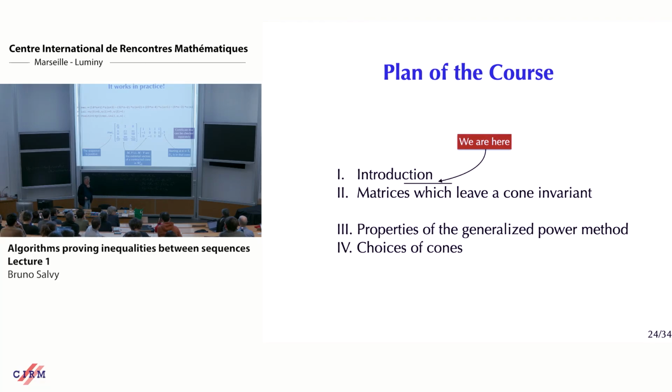So, to summarize, the plan of the course is a long introduction. We are there. We're done with the introduction. Then, more information on matrices which leave a cone invariant. What are they? What can we know about them? And in particular, how do we compute K? This is related to something that's called the power method that I will tell you briefly about.